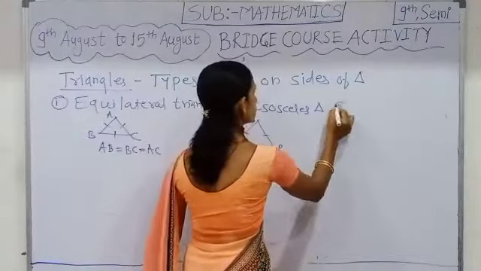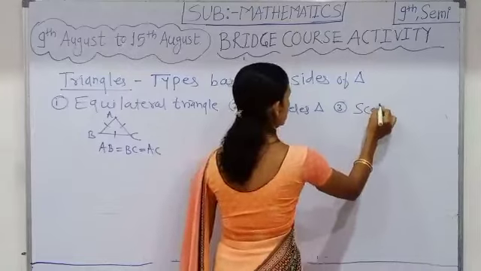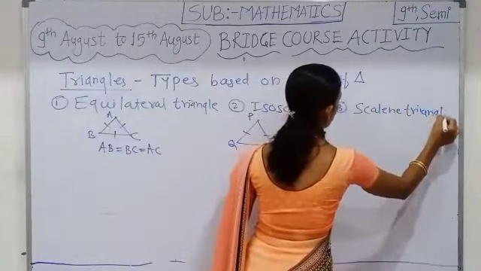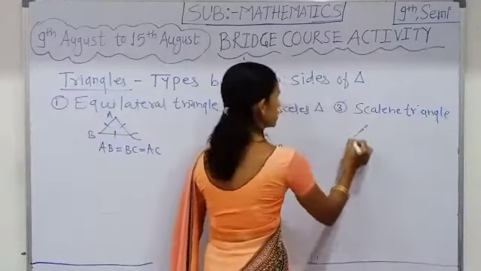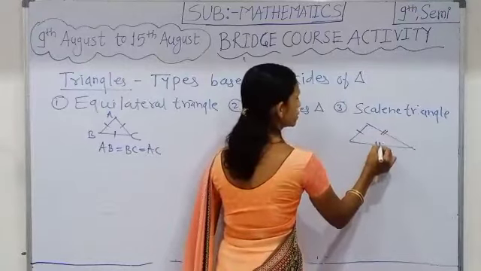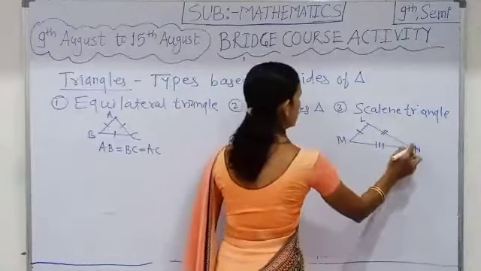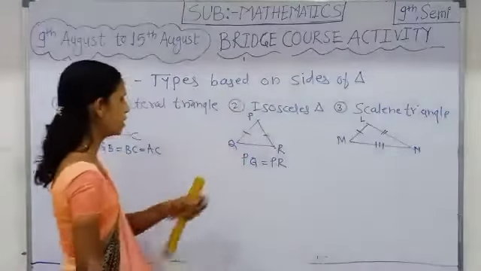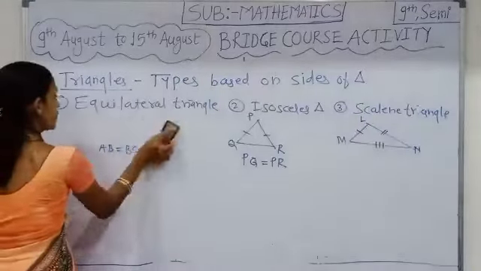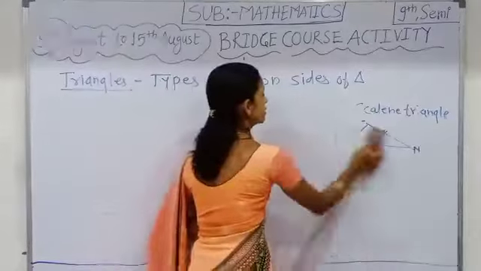And the last one, the third, is scalene triangle, a triangle in which all three sides are of different lengths, that is triangle LMN. Those are the different types of triangle based on the sides.